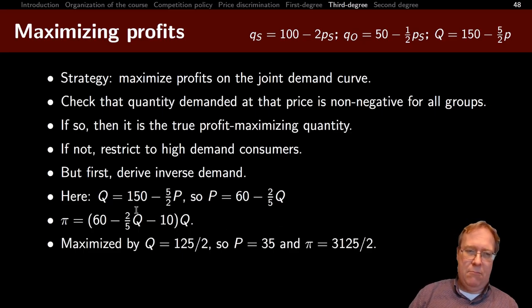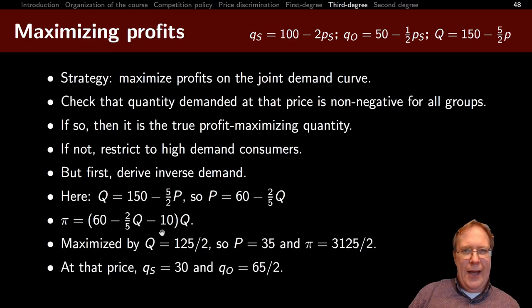Maximize this. I assume you know how to do that. It gives me this quantity. If I plug that back into my inverse demand function, I get a price of 35. And if I plug my Q back into my profit function, I get profits of 31.25 over 2. Make sure you know how to do that, otherwise in the tutorial.